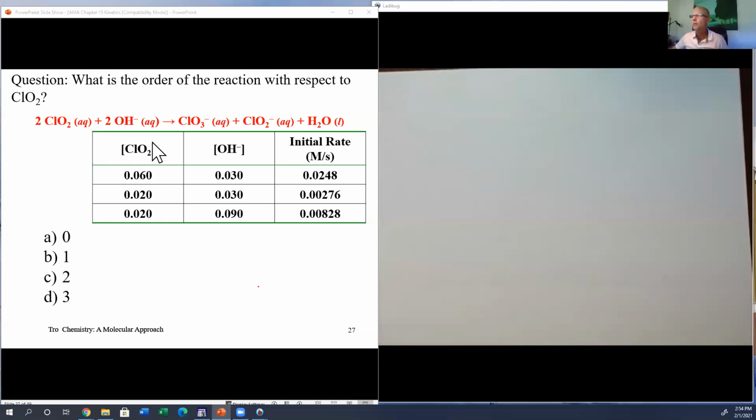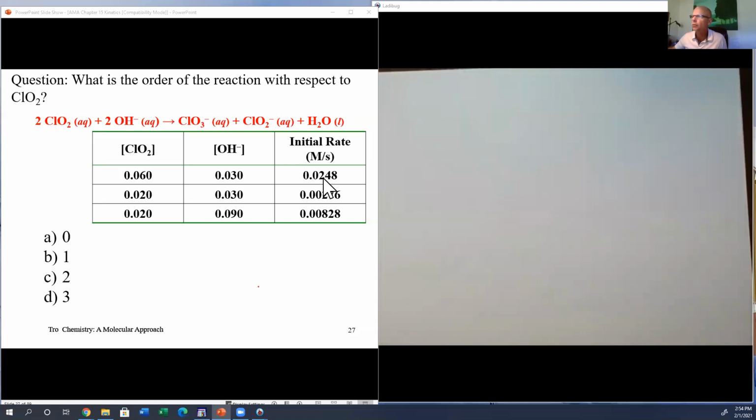Now it's asking for the order with respect to ClO2. Be careful when you read this graph with these numbers, right?